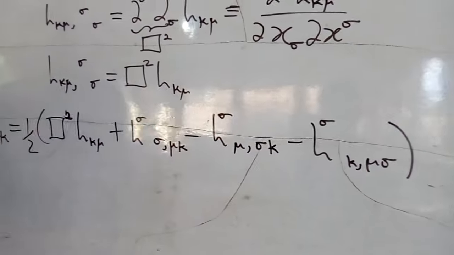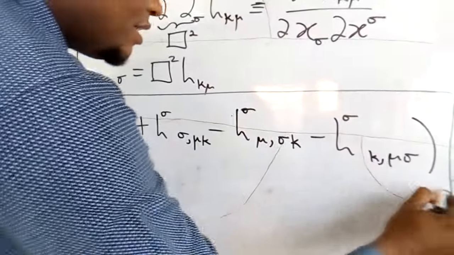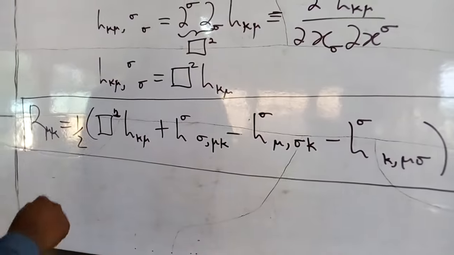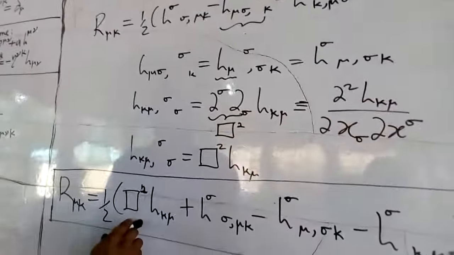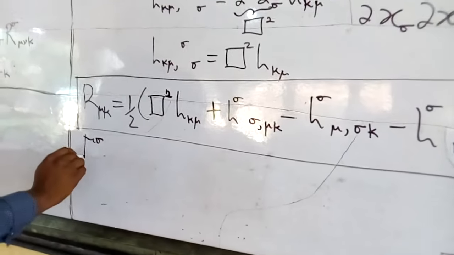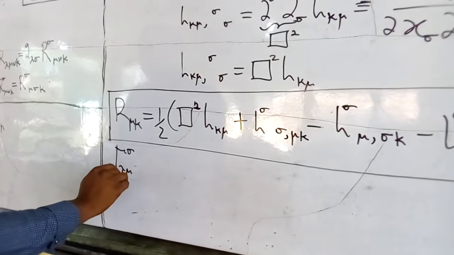So now this again I can box. This is the linearized form of the Ricci tensor. So we have here the linearized form of the Riemann tensor, the linearized form of the Ricci tensor, and again the linearized form, so let me use this as our paradigm here.